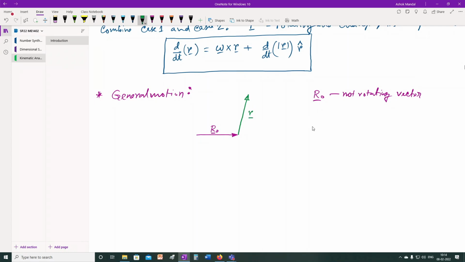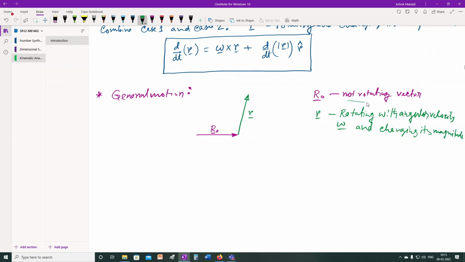This small r is a vector which is rotating with angular velocity omega, and it is changing its magnitude.